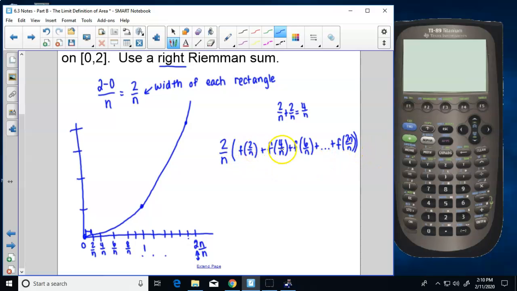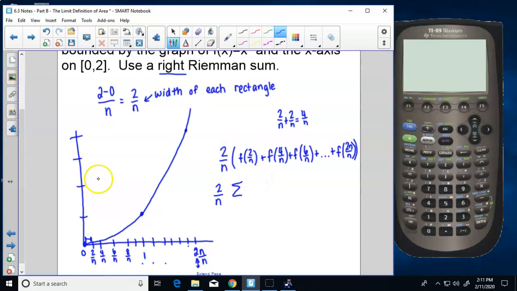So, all of this adding up over and over again, that sure looks like I could use a summation for it, right? Especially since I've got n in here, so I can't actually get a number for it. I can't plug those numbers in. So if I'm going to do a summation, the 2 over n can stay out front, and I've got to think about what I've got to do here.